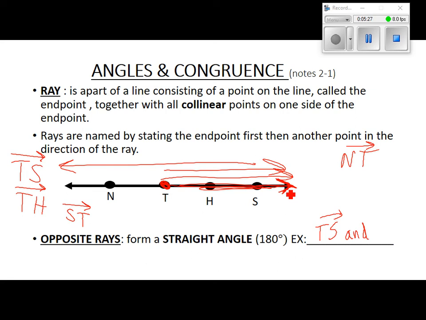TN. First of all, where's it going to have to start? At T. It's going to start at the same point that I started my ray at, and it's going to go in the opposite direction.